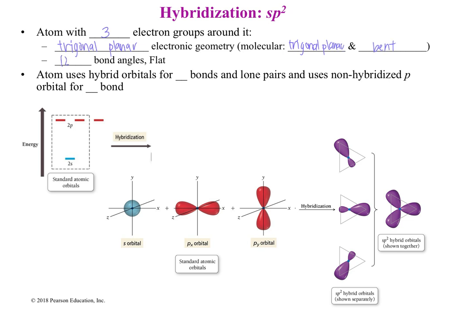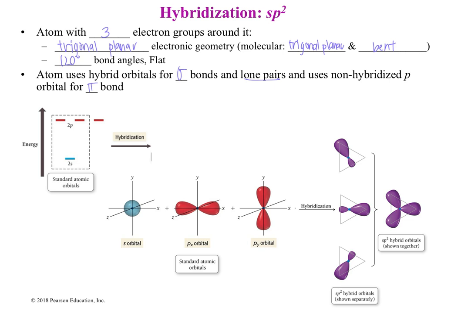They have 120 degree bond angles and they're flat, right? So we're going to use these hybridized orbitals to form sigma bonds, and we'll use them for lone pairs. And then our non-hybridized p orbitals are going to be used for pi bonds.